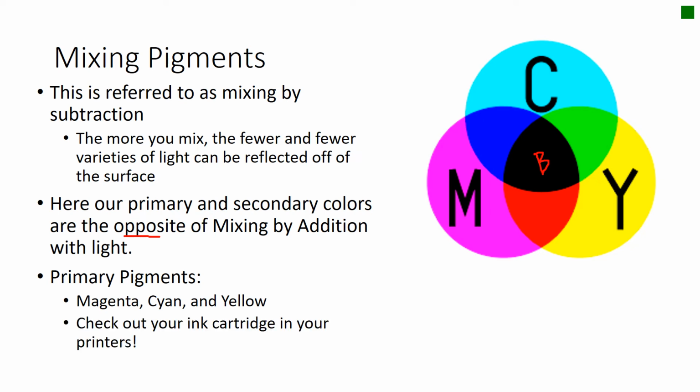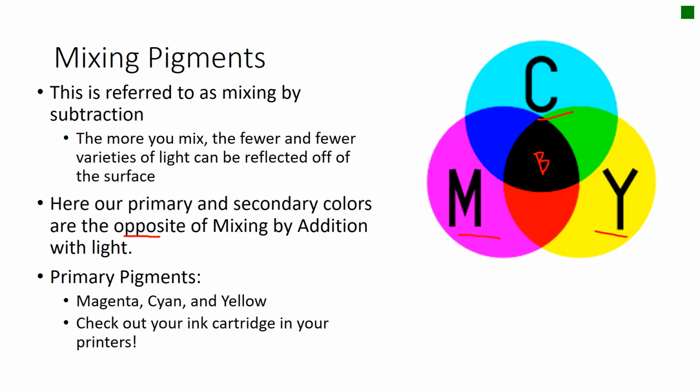The ink cartridges on your printers, if it's just the box because you don't want to take apart the printer or you're worried your folks will get mad at you, take a look at the boxes for your ink cartridges, and on the side you will see magenta, yellow, cyan, and black all together as the 4 colors that are in your color ink cartridges.